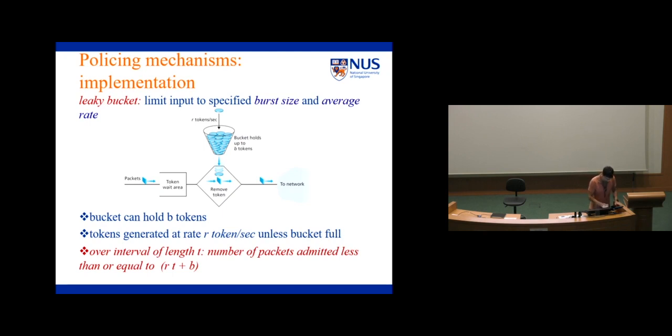So packets arrive. These are incoming packets. And I have my guides ready waiting. So these are all the guides. And I have only B amount of tokens at most. That is my capacity of tokens. And if my bucket holds less than B tokens, I have my incoming tokens, R tokens per second.